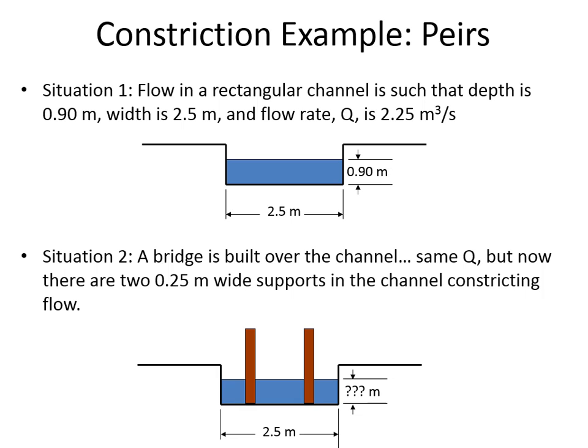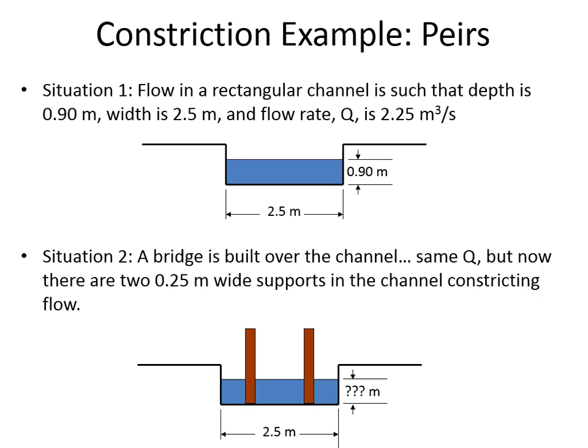And the way that we're going to express the velocity head at 2 is going to be in terms of q squared divided by 2g a squared, because our flow depth y is still unknown.